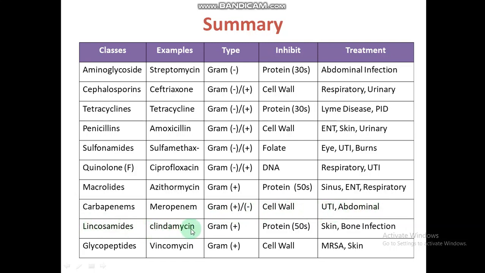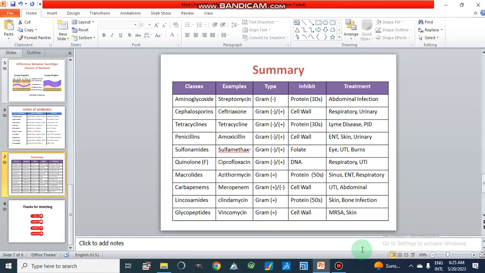Lincosamides, the example is clindamycin. They act on gram-positive bacteria, also inhibit protein synthesis of 50S. They are used for skin and bone infection. And then glycopeptides, the example is vancomycin, act on gram-positive bacteria, cell wall synthesis inhibition, used for MRSA and skin. So this is the summary of antibiotics.